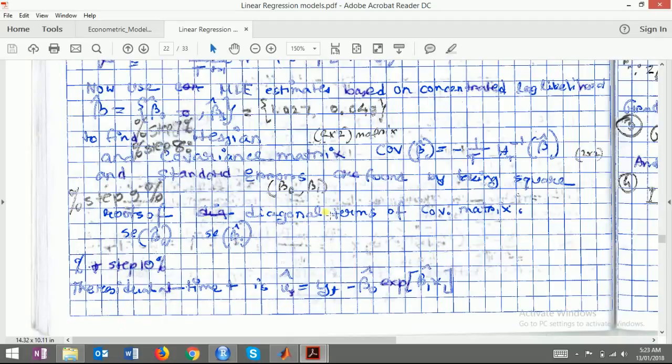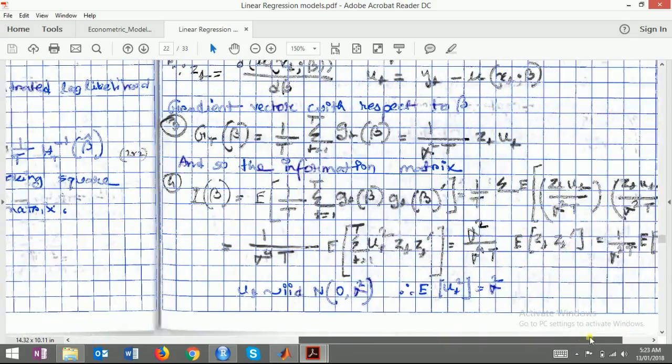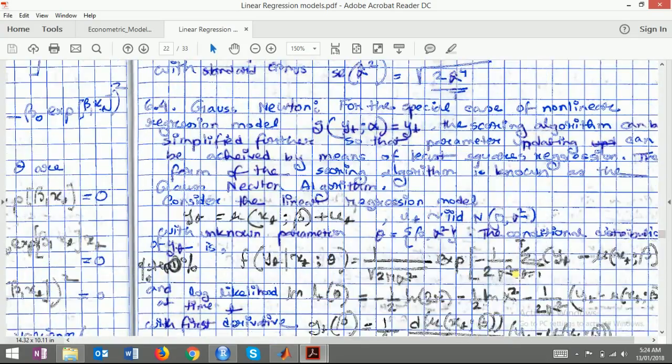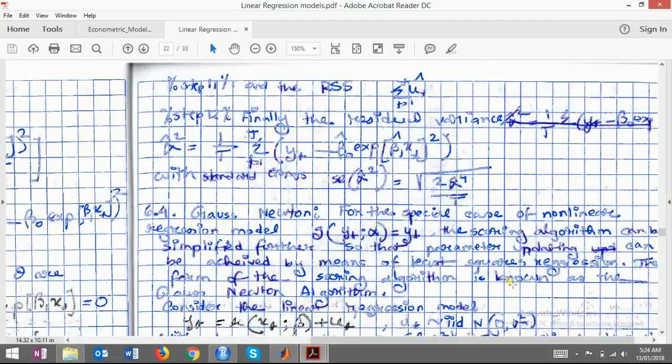The residual at time t is yt minus beta naught. Just taking the equation on the left hand side and right hand side, we have the residual. So we have the covariance, which is the negative mean inverse Hessian of the estimated parameter beta.